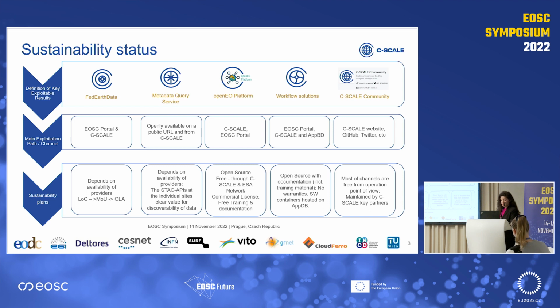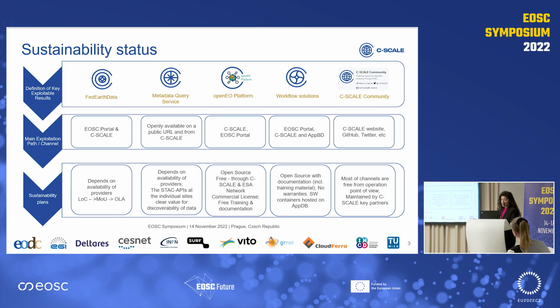For the first service, the Fed Earth data, we're planning to make it available to the users through the EOSC portal, through onboarding to the marketplace, but also through C-SCALE, by contacting the C-SCALE partners directly. This depends on the availability of the providers. Currently the C-SCALE Federation consists of 8 providers, the other 3 partners are users.